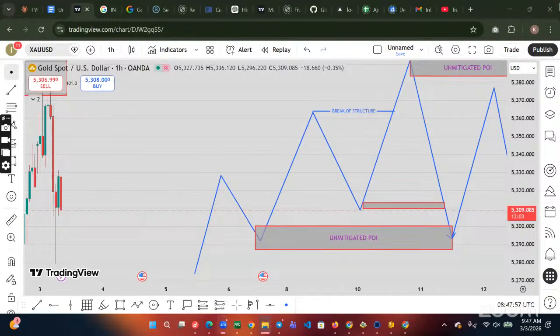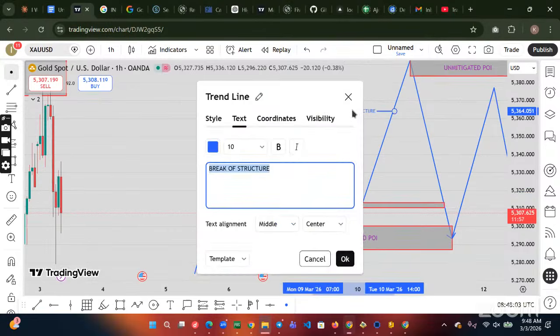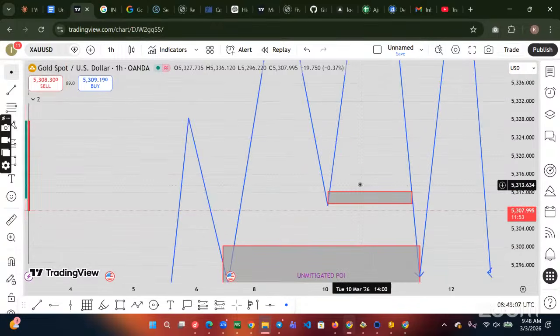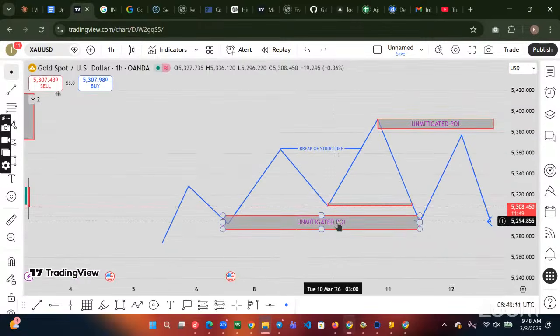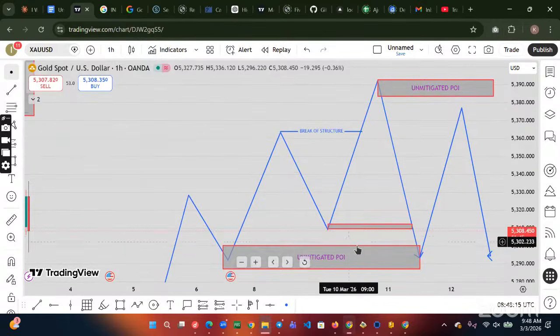So you have certain key levels, right? Different supports. This is your break of structure, which is, of course, your POS, isn't it? Now, here's where it starts getting interesting. This is your POI, which is your FVG unmitigated.